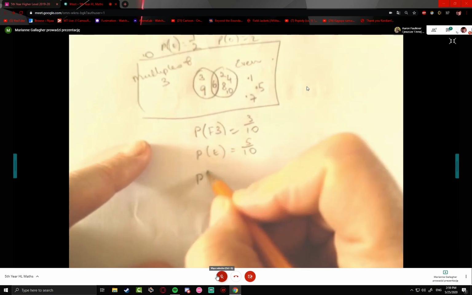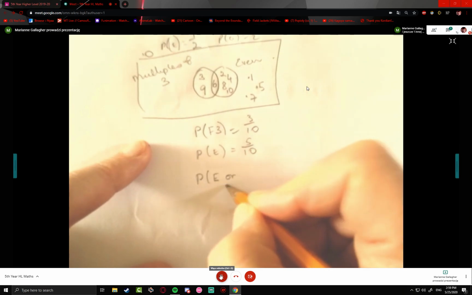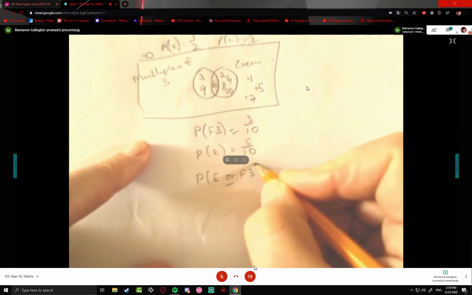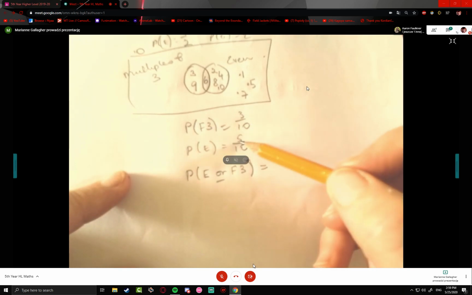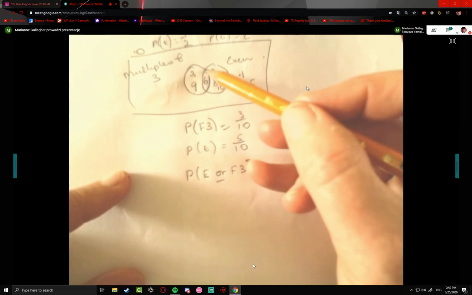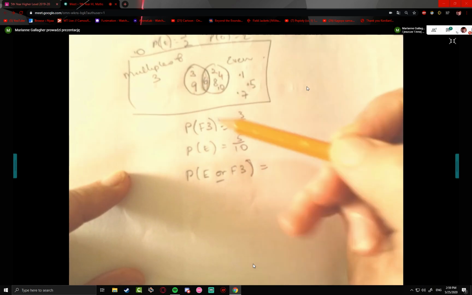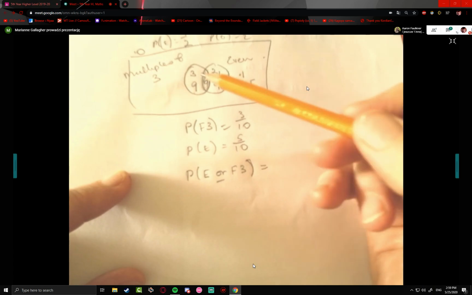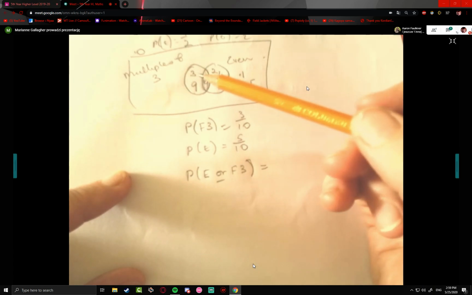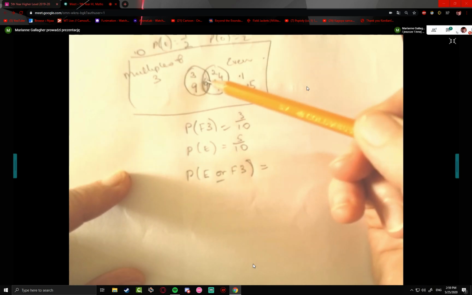Now, the probability of getting an even number or a factor of 3. We can't just say that's 8 out of 10, because if we did, we'd be counting 6 twice. See that? The probability of a factor of 3 is 3 out of 10.